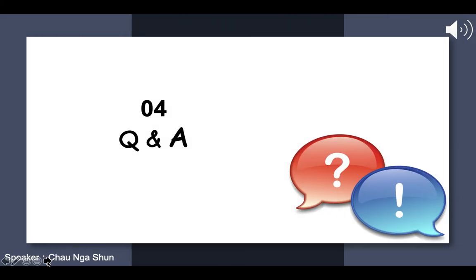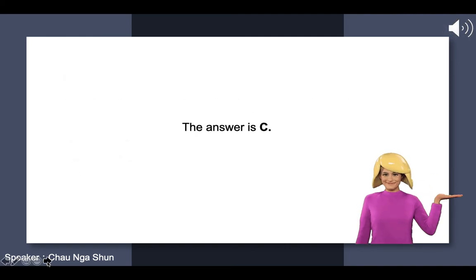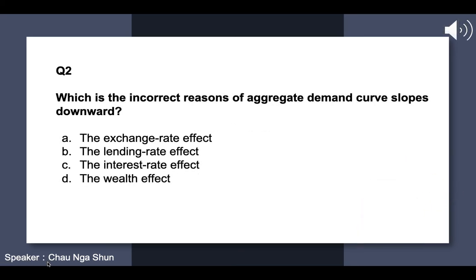So now this is the Q&A section. Question 1. Which is the correct formula of aggregate demand? The answer is C. Question 2. Which is the incorrect reason for the aggregate demand curve sloping downward?